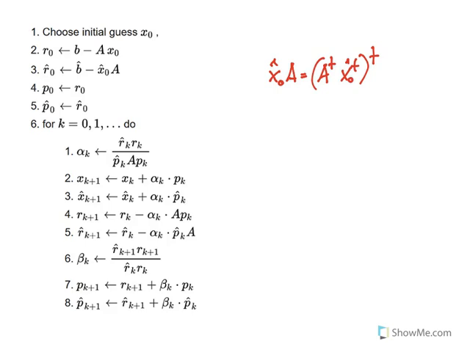So left multiplying a vector, you can also view as applying A transpose from the left. Or applying A from the right is sort of the same as applying the transpose from the left. So this method does require you to be able to do both types of matrix multiplication. So notice that in each step, we apply both A and A transpose.